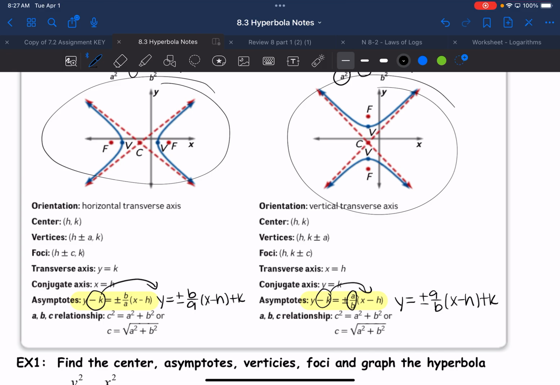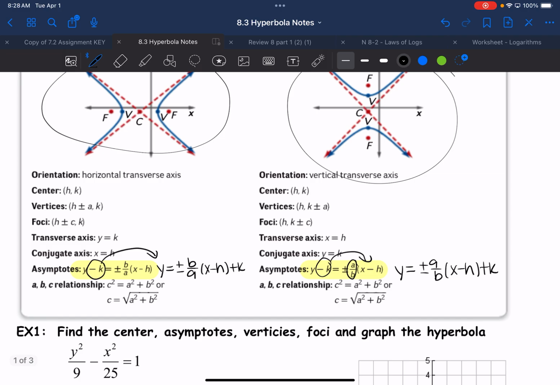All right, and just like before, c squared is equal to, but this time it changes just a little bit because they're facing the other direction, a squared plus b squared. You guys see that it's a squared plus b squared instead of a squared minus b squared.